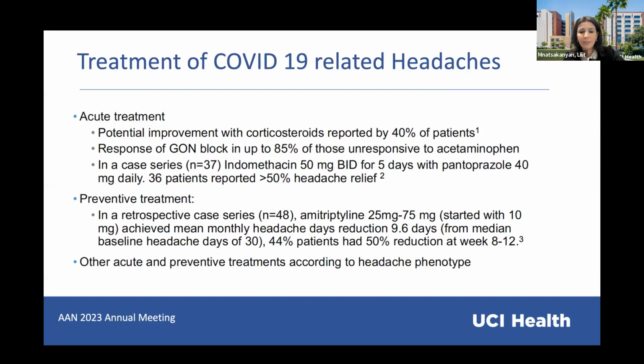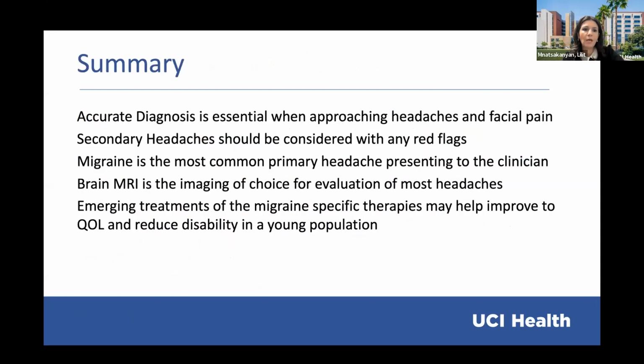For preventive therapies, again it's a small number of cases, but amitriptyline has shown some efficacy. And again, it's important to also address the main headache type that the patient may have as a pre-existing headache type.